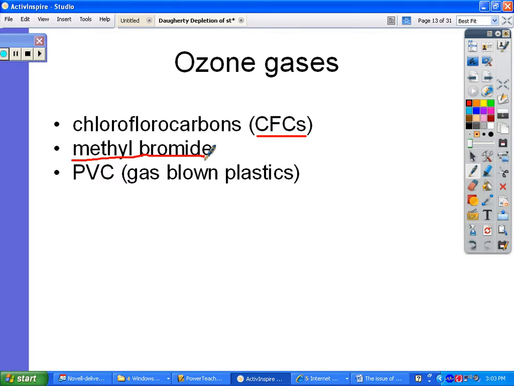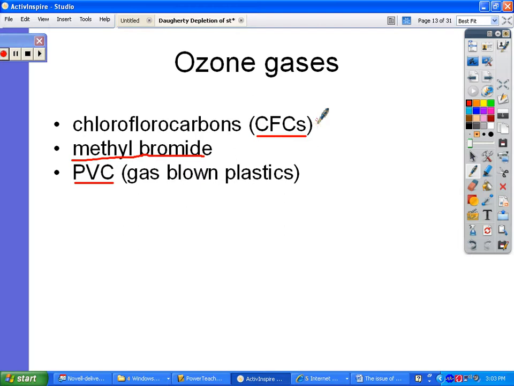And then another example, and there's actually even more examples, is PVC. PVC is like those plastic pipes that you might see underneath your sinks. PVC is actually just a type of plastic that's used in a lot of different things. Other things that you would find CFCs in are anything that has flame retardants, like even some pajamas.